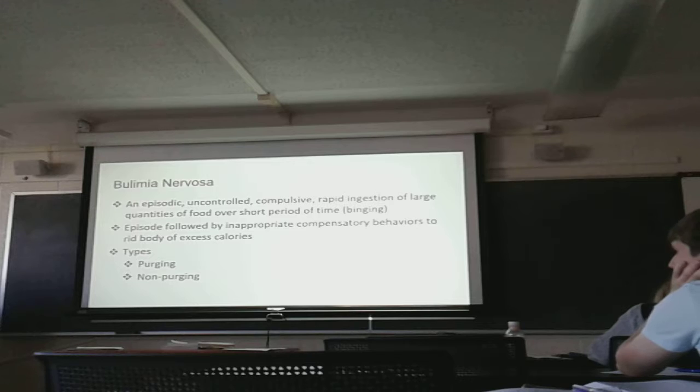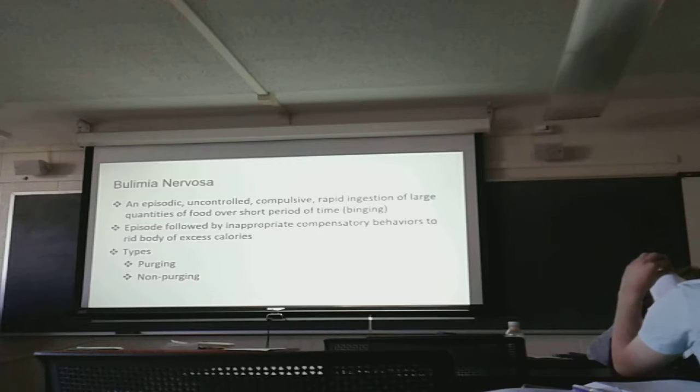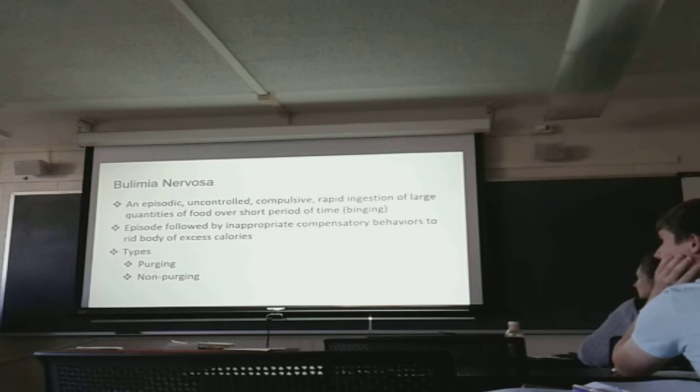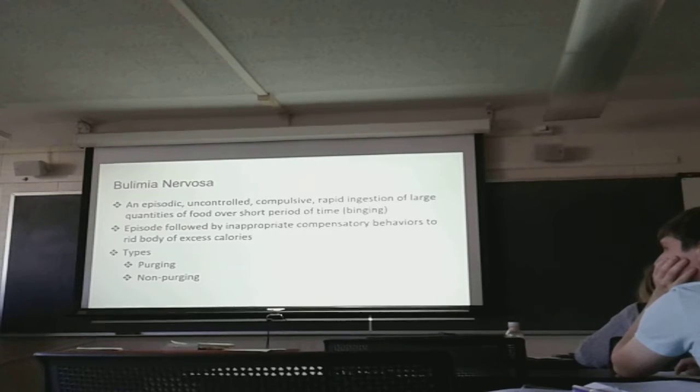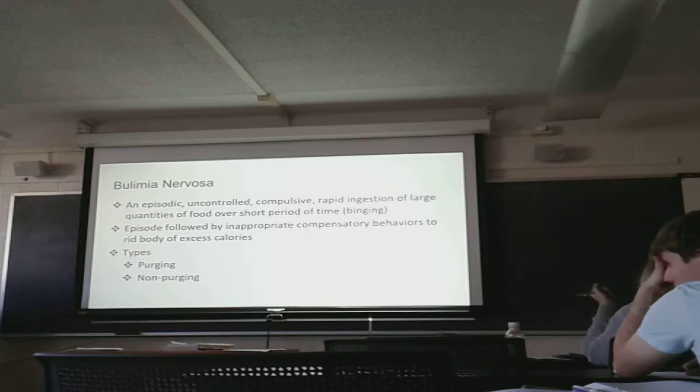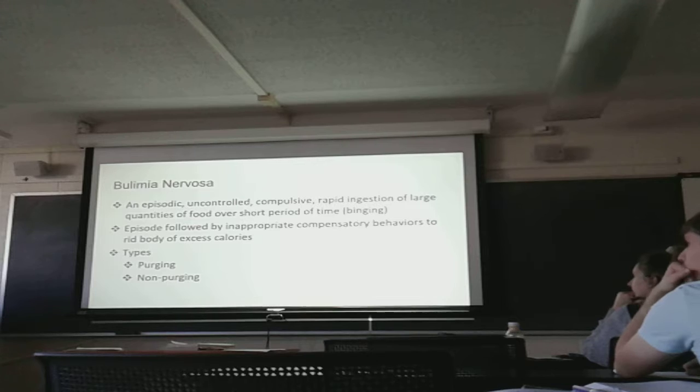And non-purging, you know what that is? Excessive exercise. The purging is misuse of laxatives, diuretics, and enemas. The other type would be fasting and excessive exercise. And they're concerned with how they look at all times.